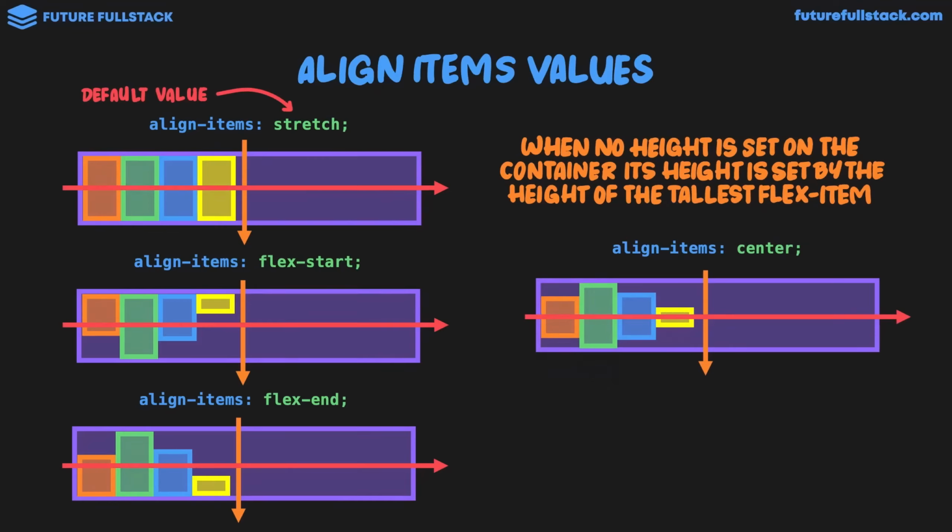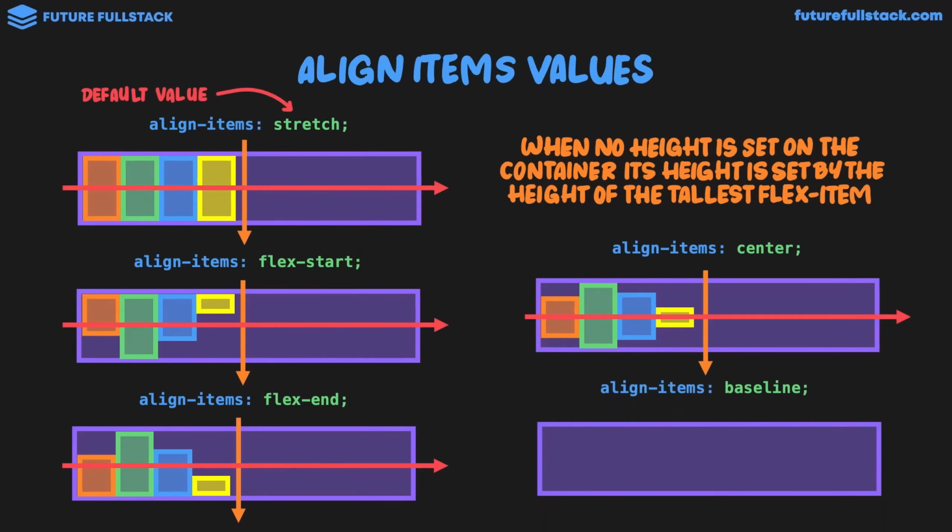The final value is align items baseline. So for this one, we have our flex container, our main axis, our cross axis. Now to show you how this works, I'm going to add text inside our flex items. We have a flex item with the letter A inside.